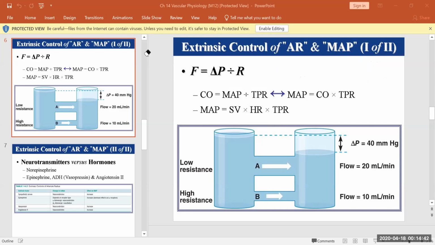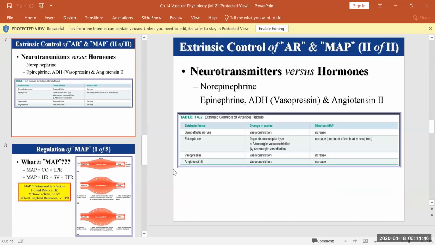Okay, next. These are external factors coming in to affect blood vessels. So we have two organ systems that have a say, that can control our vascular bed.